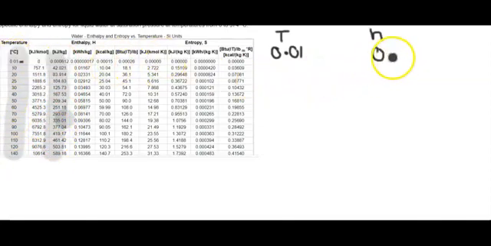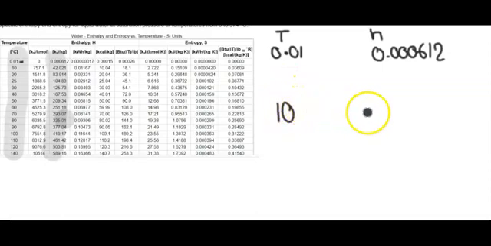So it's going to be 0.000612. And when the temperature was 10 degree, the enthalpy value was 42.021 kilojoules per kilogram.